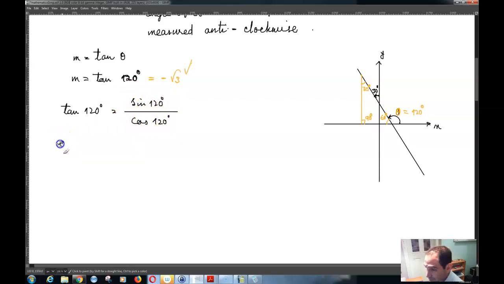Some people write them as x plus y, doesn't really matter. Sine of alpha plus beta is equal to sine alpha cos beta plus cos alpha sine beta.